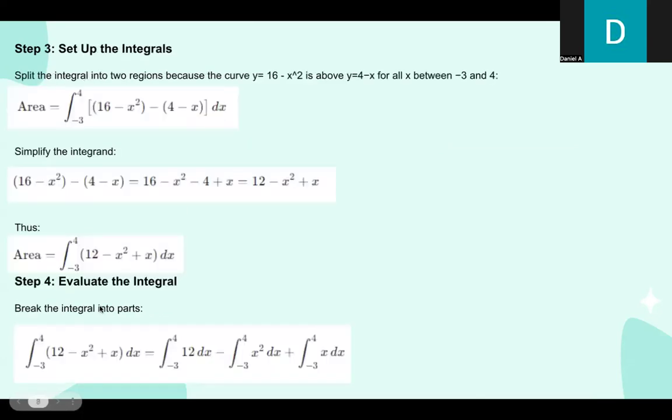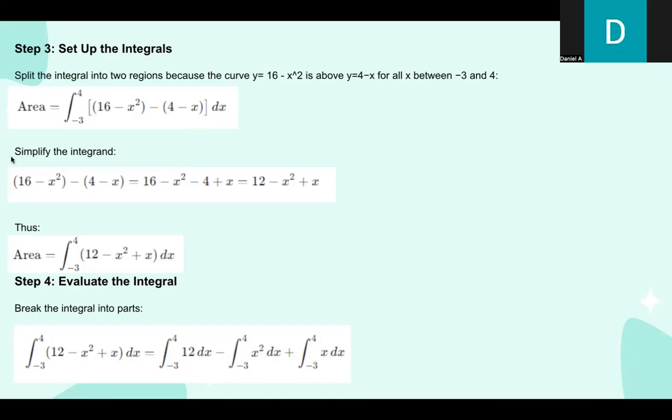Step 3 is setting up the intervals. What you're going to do is split the integral into regions because the curve y equals 16 minus x squared is above y equals 4 minus x for all x between negative 3 and 4. So area equals the integral from negative 3 to 4 of parentheses 16 minus x squared, minus parentheses 4 minus x, dx.